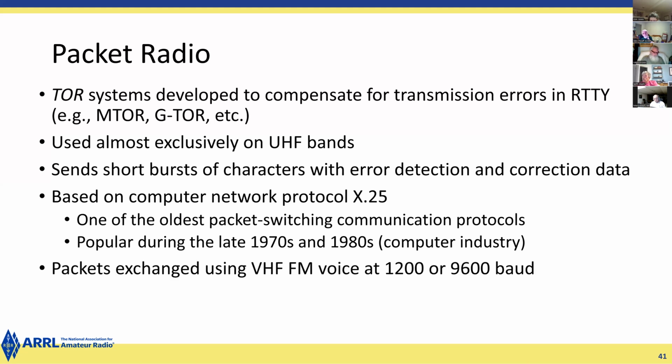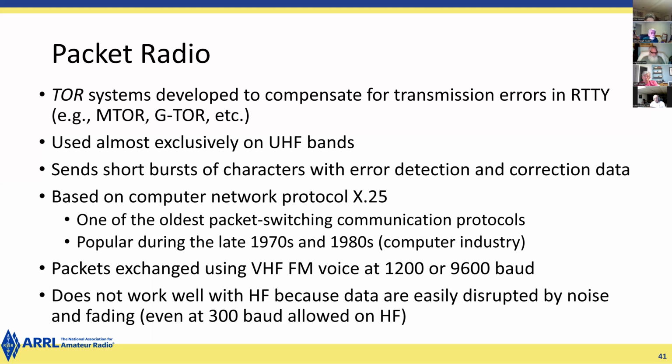You can use VHF FM at 1200 or 9600 baud. And I believe on bands 440 megahertz and up, you're restricted only in bandwidth. It doesn't work on HF because the data are easily disrupted by noise and fading.